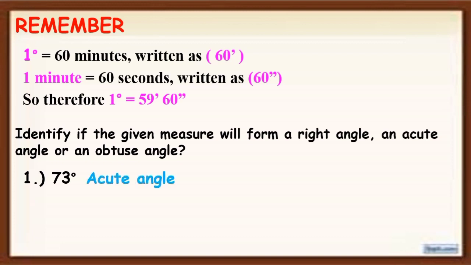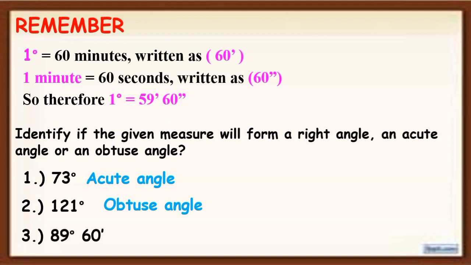So, the answer is acute angle because the measure of this angle is less than 90 degrees. Therefore, this angle is an acute angle. Next is 121 degrees. Is it right, acute, or obtuse angle? So, the answer is obtuse angle. It is greater than 90 degrees. So, therefore, the answer is obtuse angle.